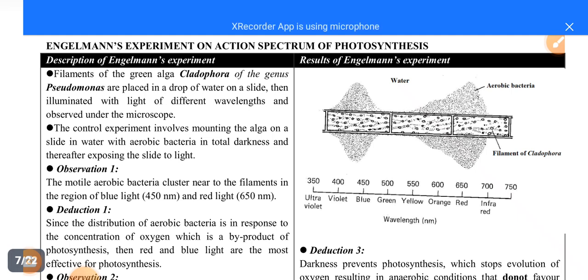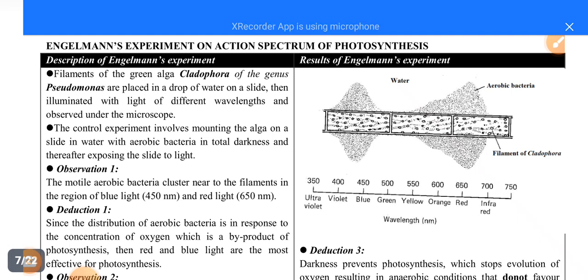Here we are saying the filaments of green algae, the Cladophora, are placed in a drop of water on a slide, then illuminated with the light of different wavelength and observed under the microscope. The word illuminated just means exposing. All these organisms are exposed to what? To light of different wavelength.